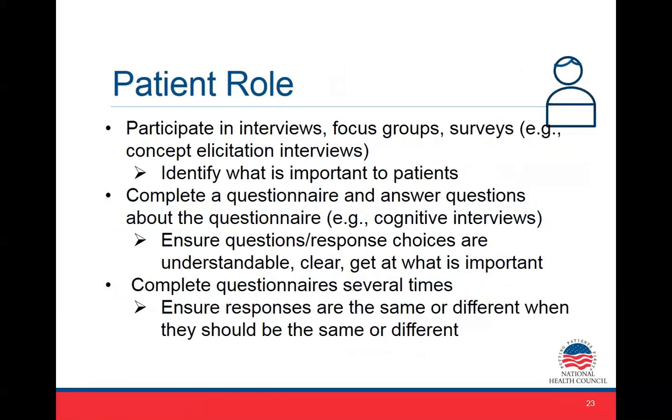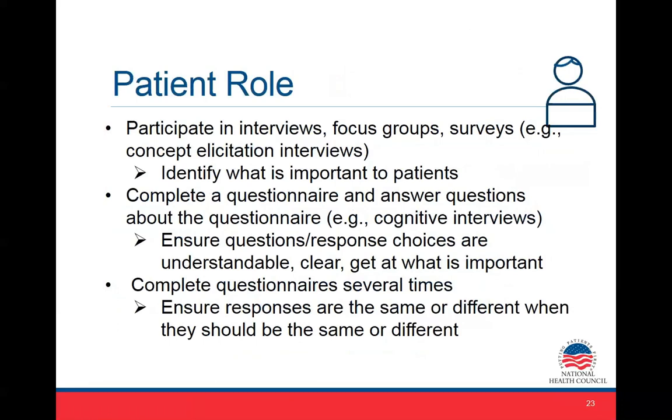The patient's role is very important in the validation of an instrument. Patients are needed to participate in interviews, focus groups, and surveys, for example, in those concept elicitation interviews that we talked about earlier. That's useful to identify what is important to patients. Patients need to complete questionnaires and answer questions about those questionnaires in those cognitive interviews.